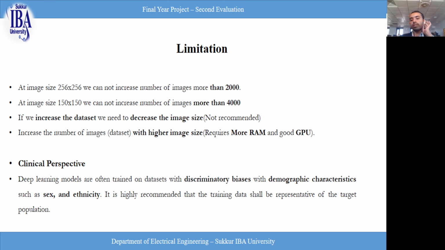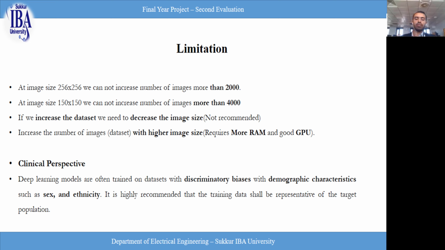And what about the clinical perspective? We see that these models, the conventional classifier, transfer learning, and proposed model, are giving the best accuracies. They are performing very well. But why can we still not use these models in hospitals, and what's the reason behind that? The reason is that deep learning models are often trained on data sets with discriminatory biases, with demographic characteristics such as sex and ethnicity.